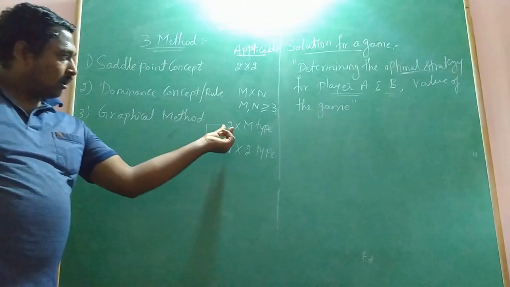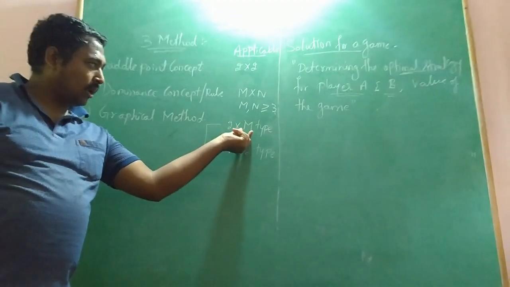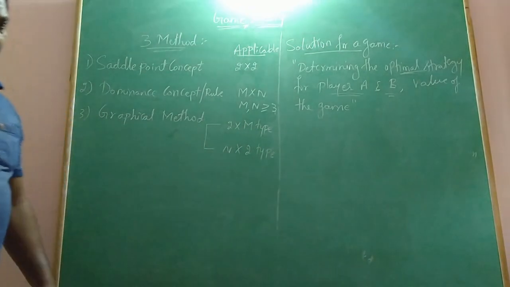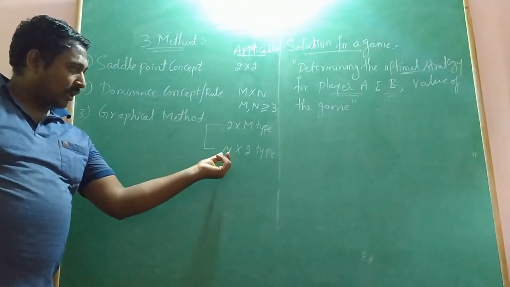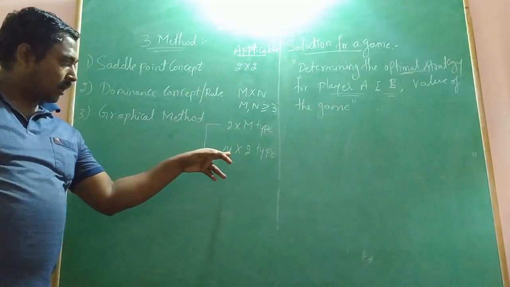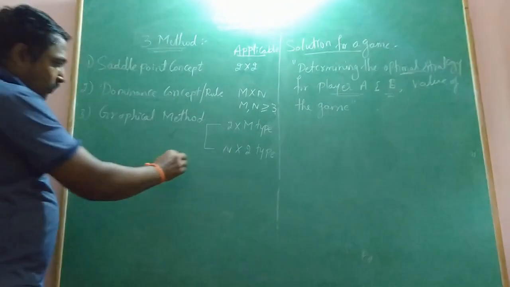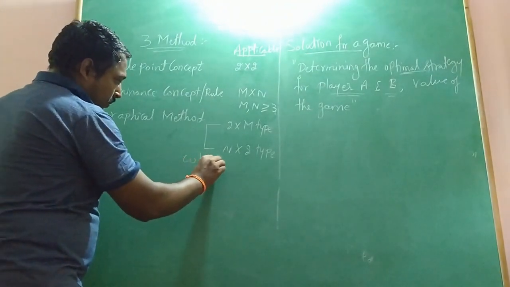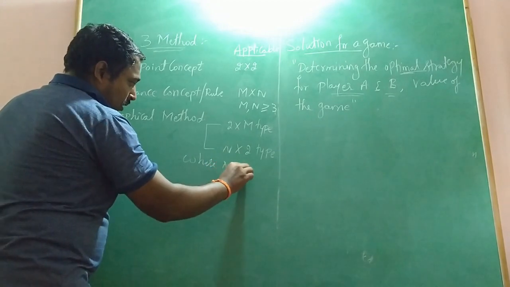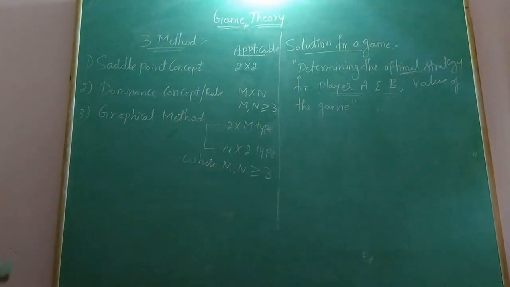That means player A must have 2 strategies and player B may have more than 2 strategies. Similarly, for m cross 2 type, player B must have only 2 strategies and player A may have more than 2 strategies, where m and n are greater than or equal to 3. Then we can solve the first type, that is the saddle point concept.